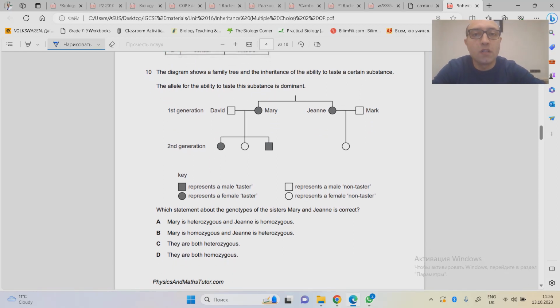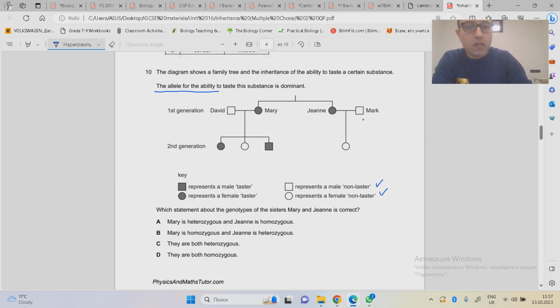The 10th question is about the pedigree analysis. The diagram shows a family tree and inheritance of the ability to taste a certain substance. The allele for ability to taste this substance is dominant. Okay, so this information is important. If they are non-tasters, then they are recessive.